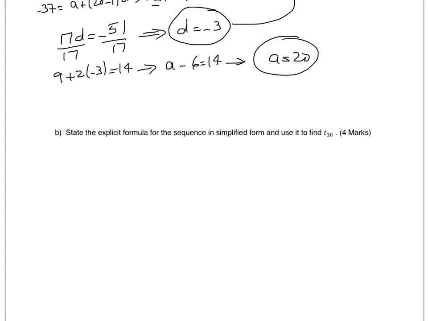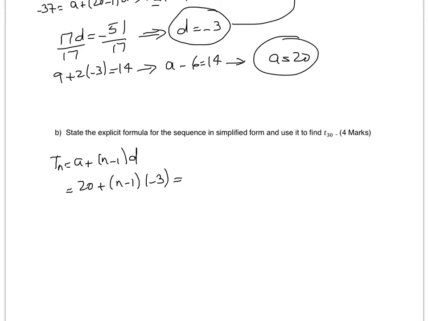The next part of the question says state the explicit formula for the sequence in simplified form and use it to find T30. Since this is an arithmetic sequence, I know that the explicit formula for the sequence is Tn is a plus n minus 1 times d. a is 20 plus n minus 1 times d, which is negative 3.